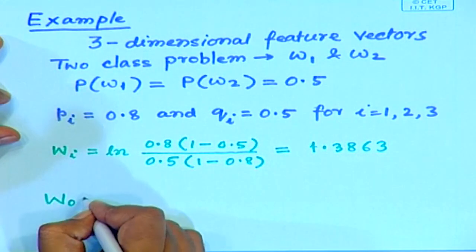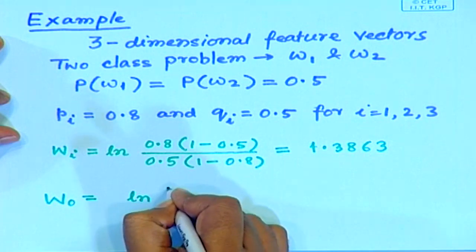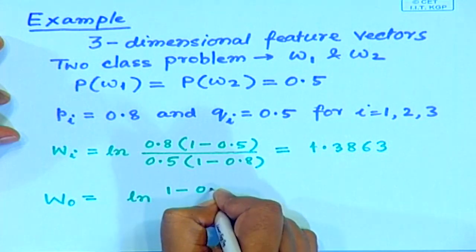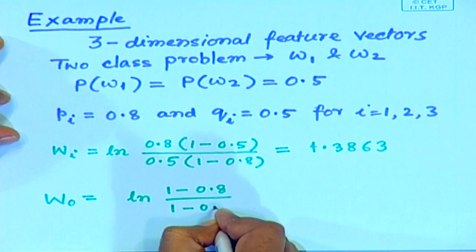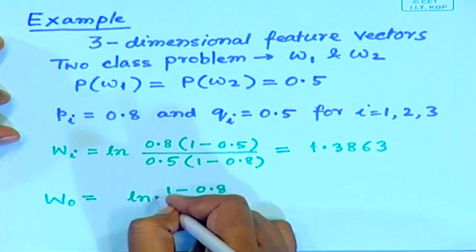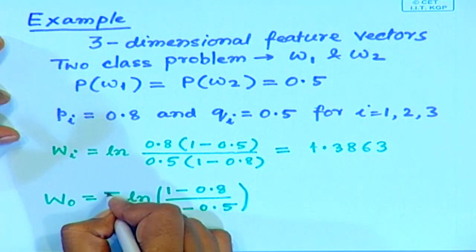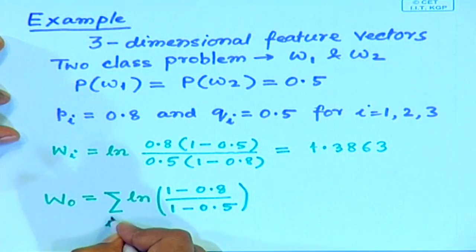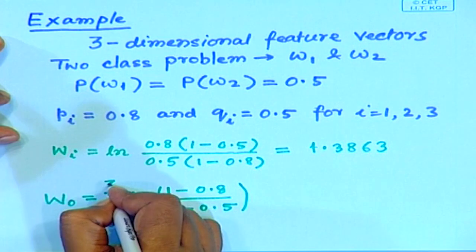So this w naught will be simply log of 1 minus pi, that is 0.8, upon 1 minus qi, that is 0.5. Take the summation for i is equal to 1 to 3.